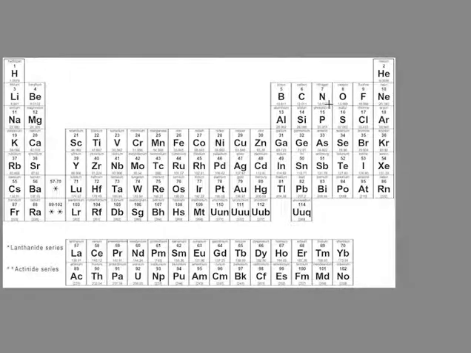The next hiccup we saw was between nitrogen and oxygen. And if you think about what is happening in terms of electron filling order between nitrogen and oxygen, this is the first electron that's actually doubling up.